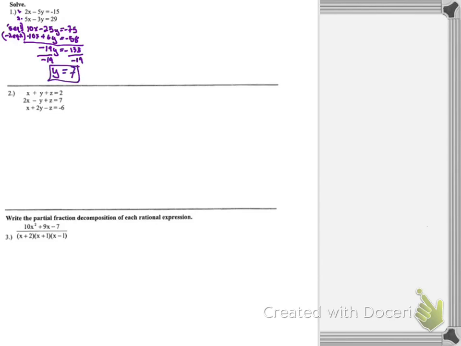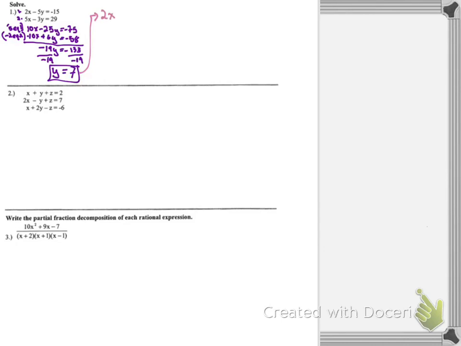y equals 7. Now we take that 7, we substitute it back into one of our original equations. I chose equation 1.